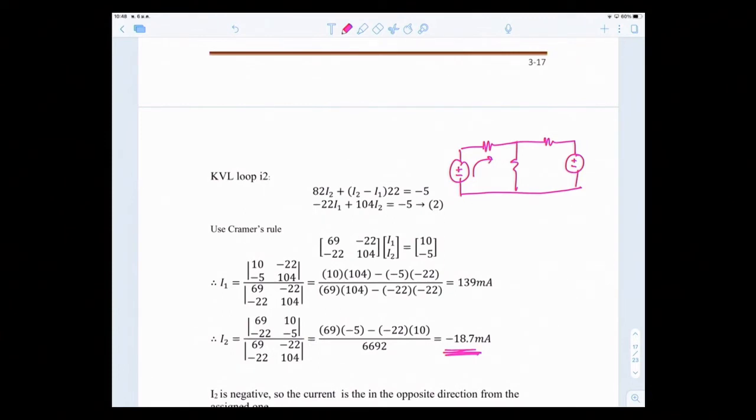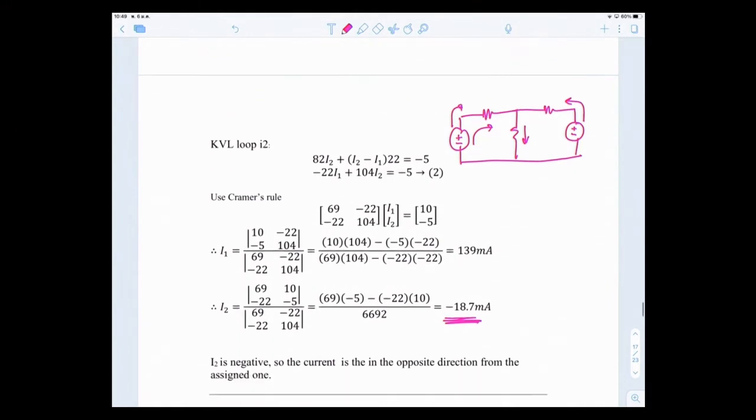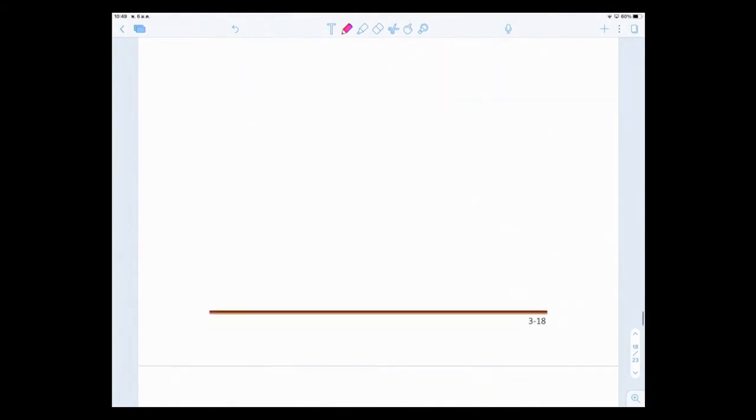But I2 actually would go in the opposite direction, so the current would go like this, and then come down like this. So whatever direction you assigned, the answer corrects to the actual direction of the current. Okay, so this is supermesh.